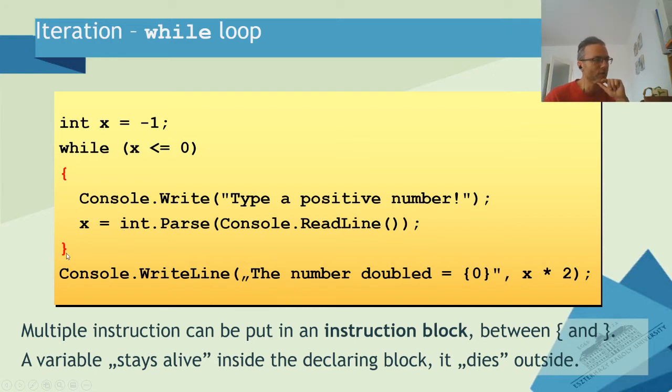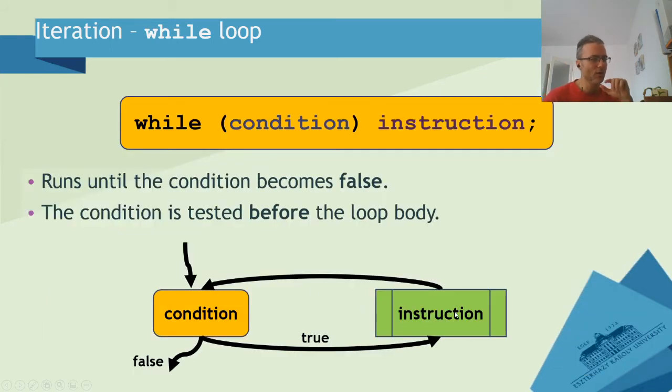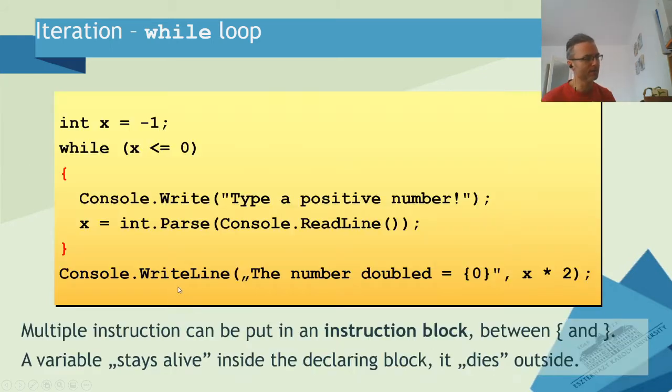Okay, at the end of the loop body, what do we do? We go back to the condition part. So here we jump back to the condition and we check the condition again. We check if x is not a positive number. If it is not, so the condition is true, we start to execute the loop body again. So we again write to the console, type a positive number, and ask for a new value.